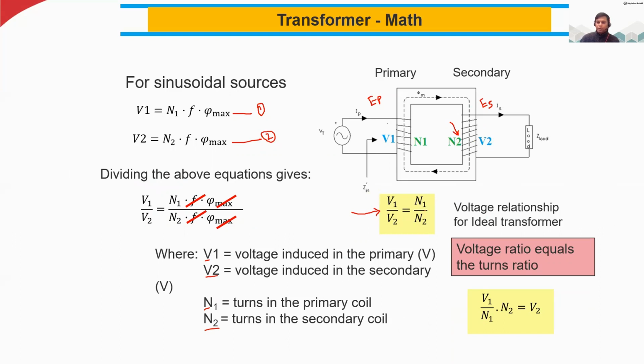That will be N2 divided by N1, so V2 is equal to N2 divided by N1 times V1, right? This is just a very simple equation transformation. V1 stays as it is, times N2 by N1, because it goes to the opposite side, so we have to flip it. This is the equation given here. Sorry, this is V2, not N2.